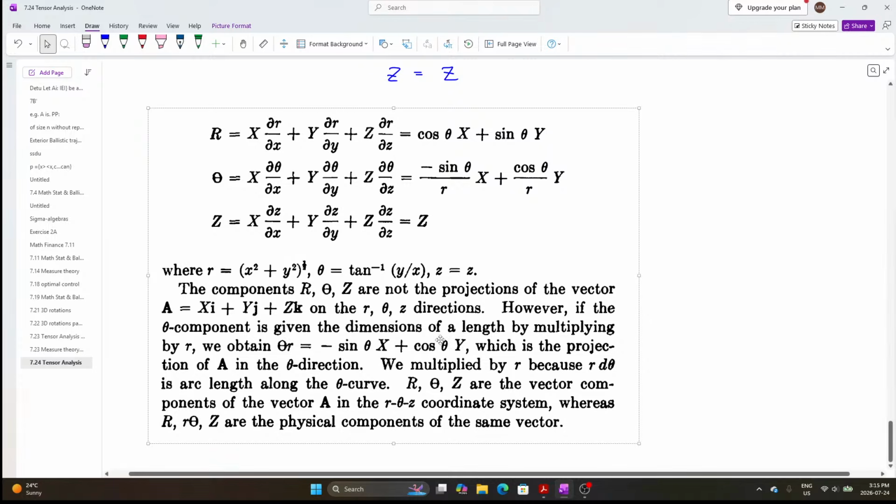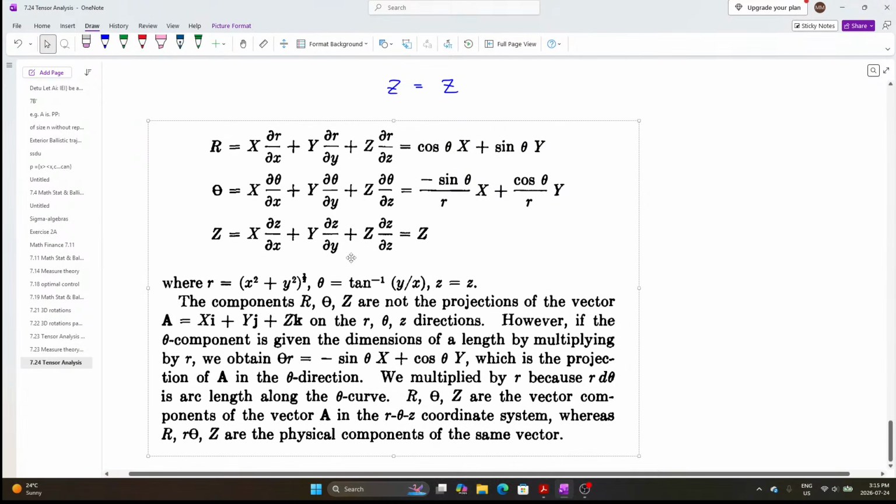Okay, so here we're trying to describe a vector using two coordinate systems, x, y, z, and r theta z. Is this transformation wrong? Here, you see the transformation for little theta. What's the difference between big and little?